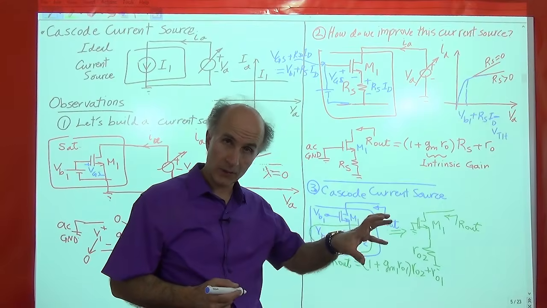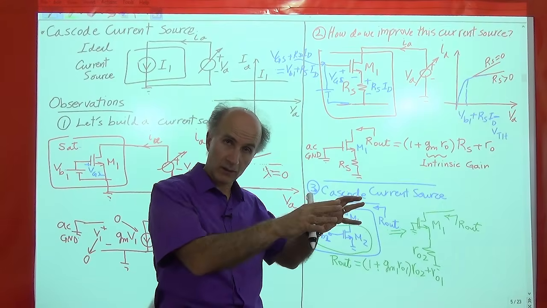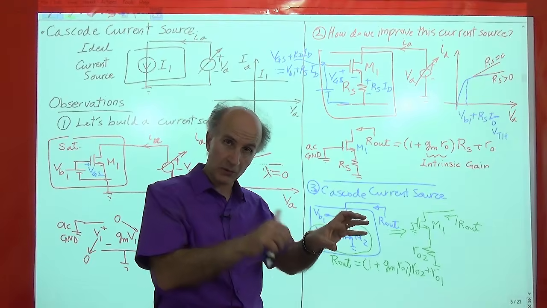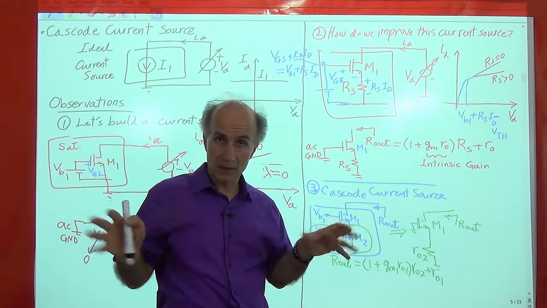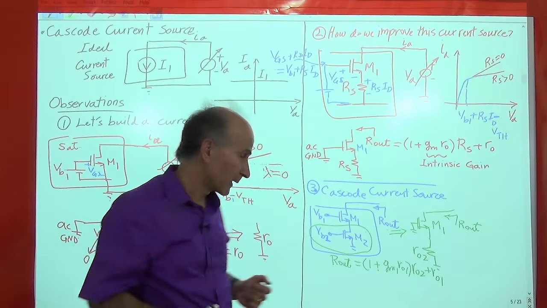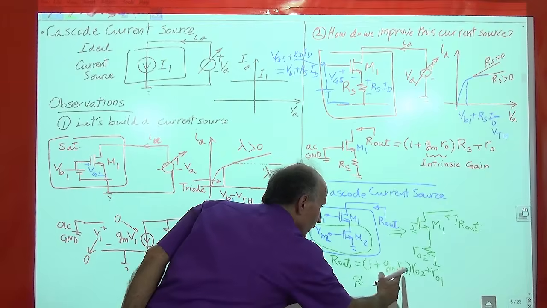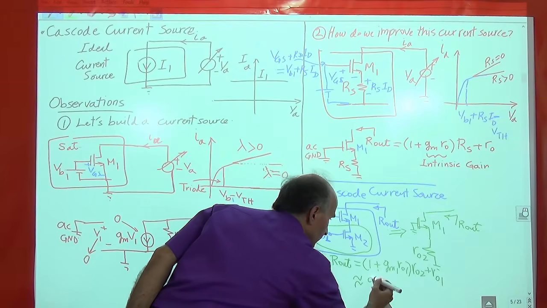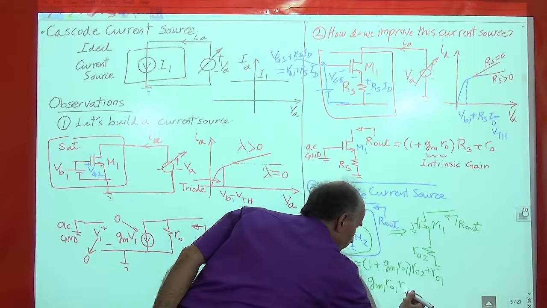So the GM of this transistor times its output resistance is much greater than 1. The GM of this transistor times the output resistance of this transistor is also much greater than 1. These are reasonable approximations. So when we do that, this comes out to be GM1, RO1, RO2 only.